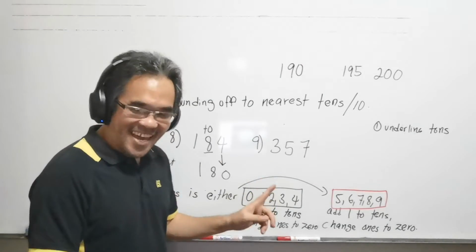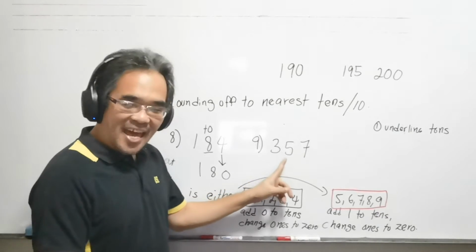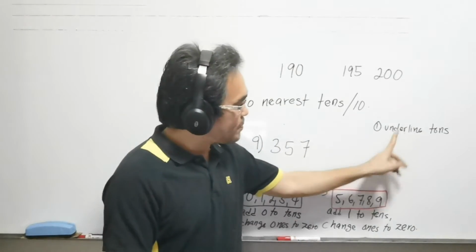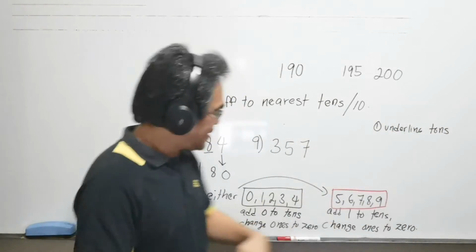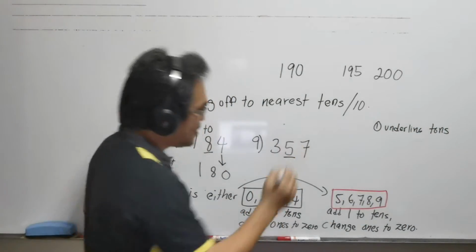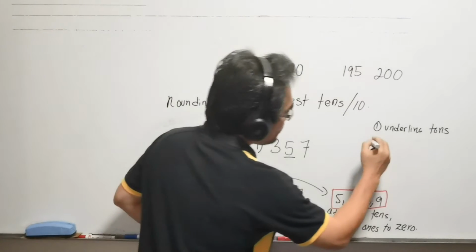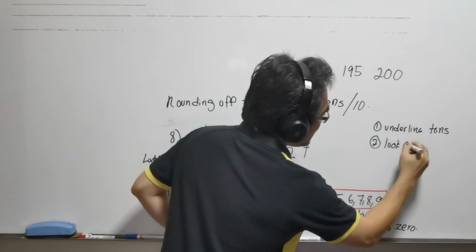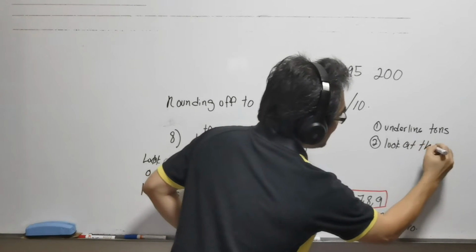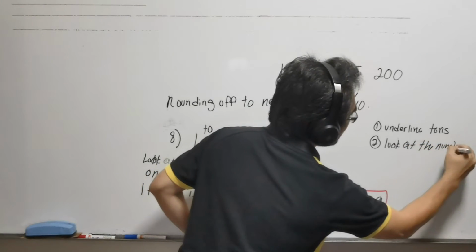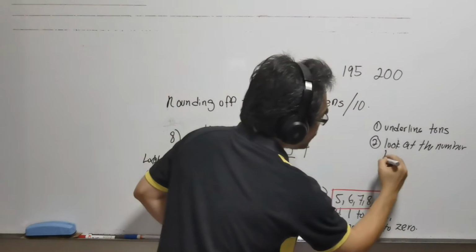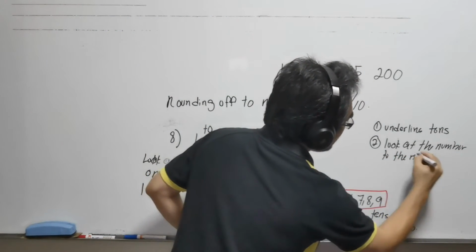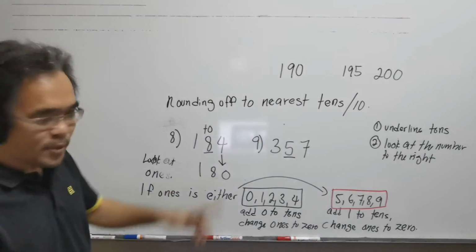Okay. So, 357. So, what do you have to do first? Underline tens. What is the next one? Look at the number to the right.